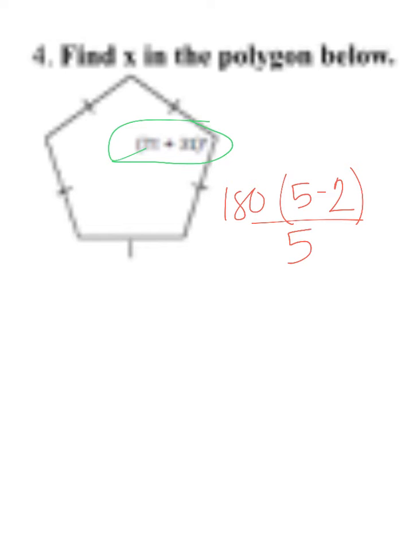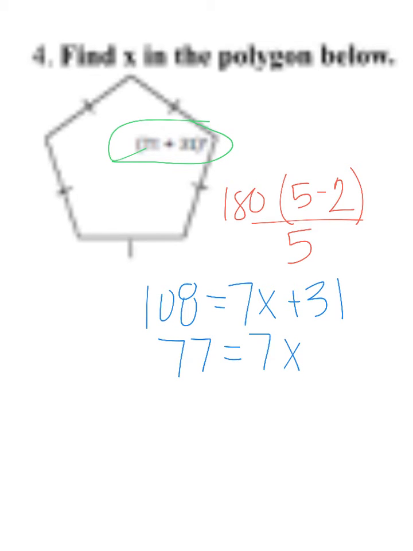When I do that, it gives me that each angle is 108 degrees. So I'm going to set 7x plus 31 equal to 108 because that is what each angle is. Subtracting 31 from both sides gives us that 77 is equal to 7x. And finally, when we divide, x equals 11.